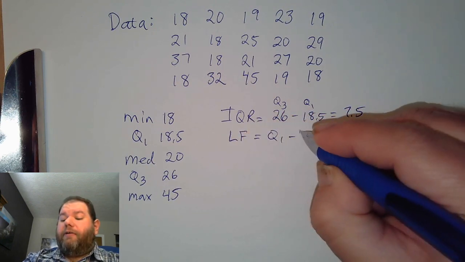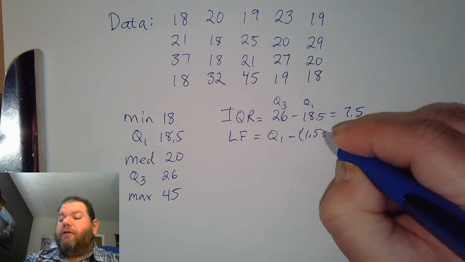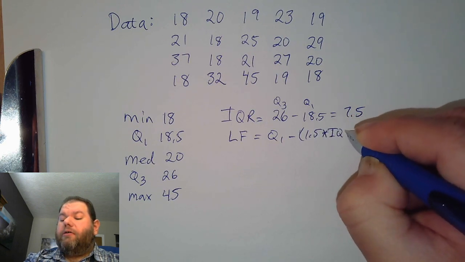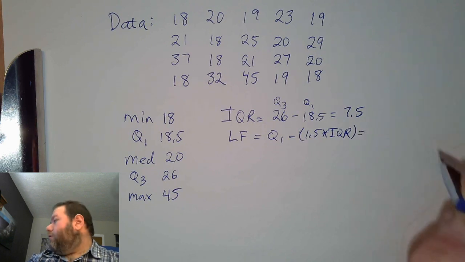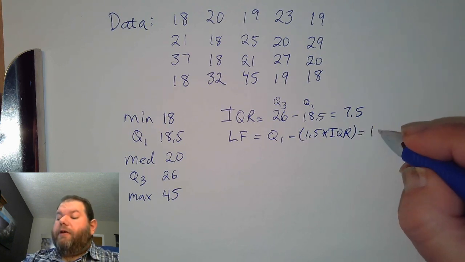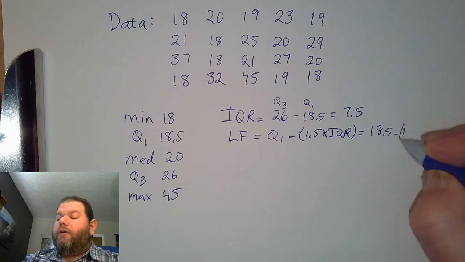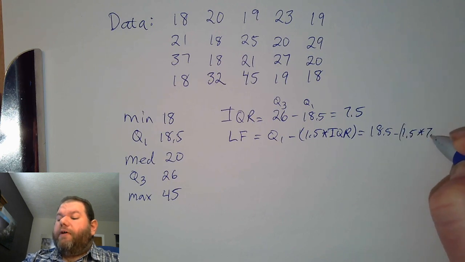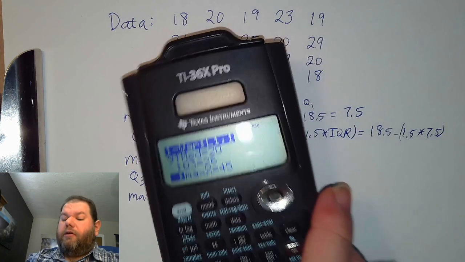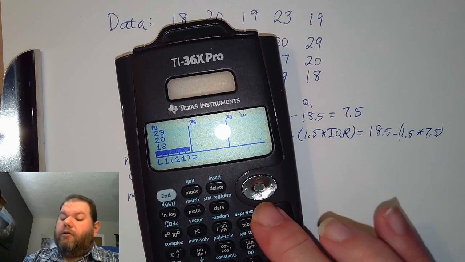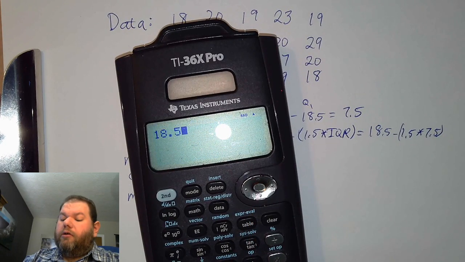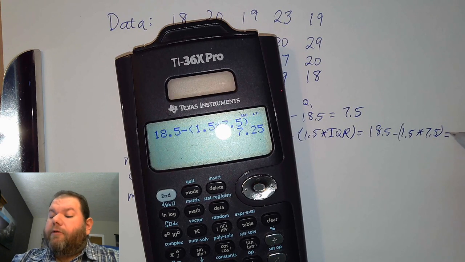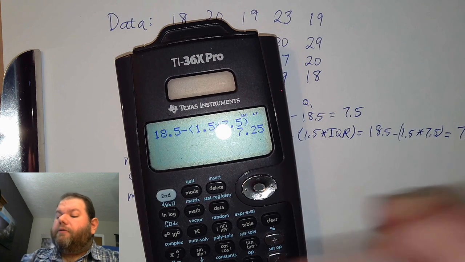I'm just repeating that. So we end up with 18.5 minus 1.5 times 7.5. So 7.25.